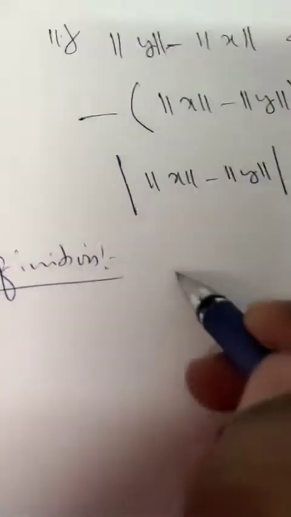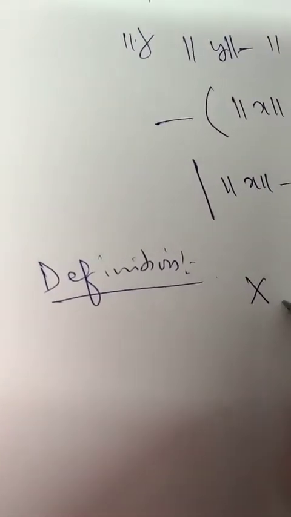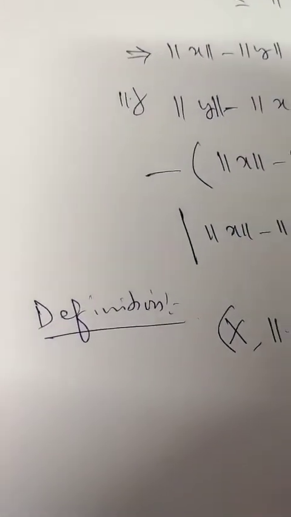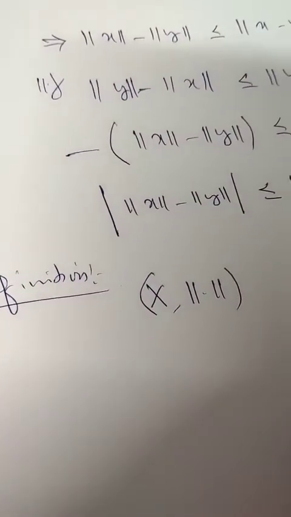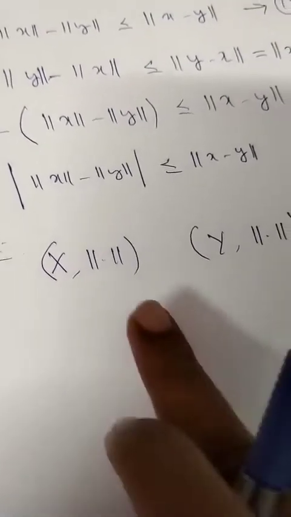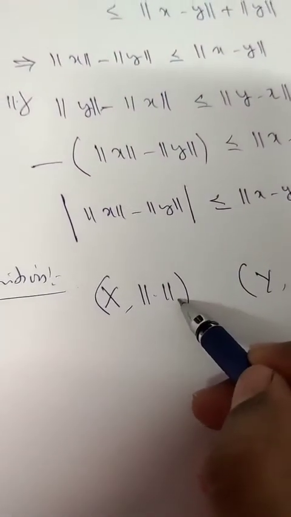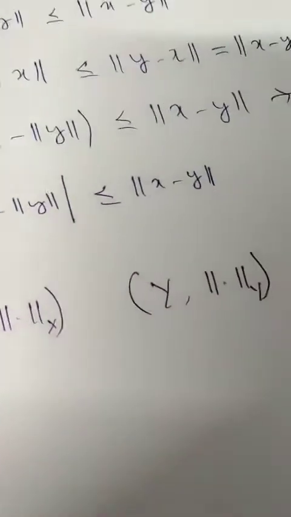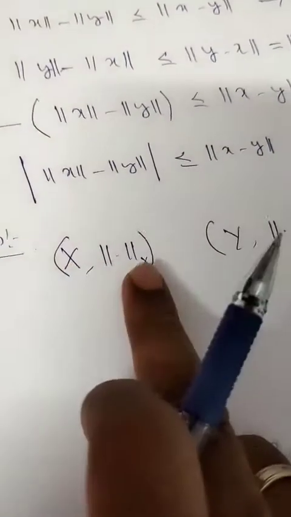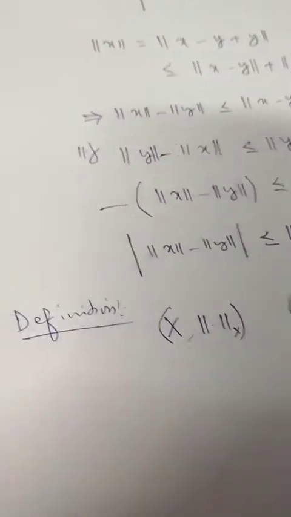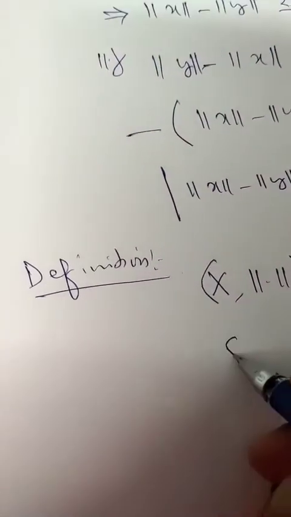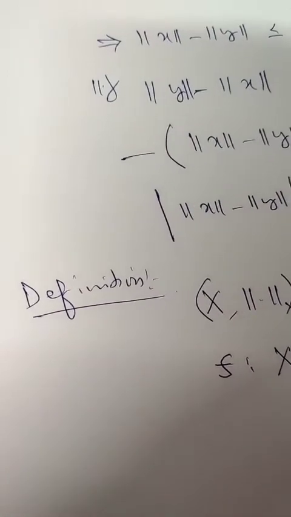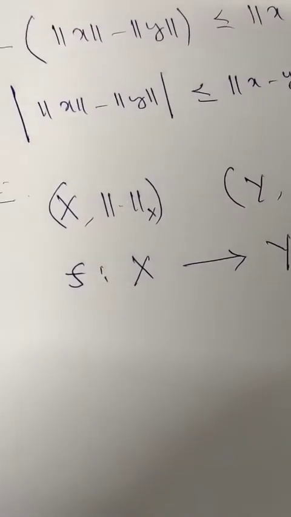Suppose x is a normed linear space with the norm and y is another normed linear space. To distinguish between the norm of x and norm of y, we can abbreviate this by norm x and this by norm y, meaning the norm related to the space x and the norm related to the space y. Suppose we have a mapping f from the normed linear space x to the normed linear space y.